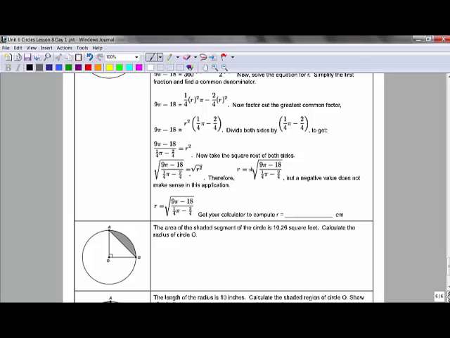If you have the TI-84, you can just plug that in all at once to get your answer.